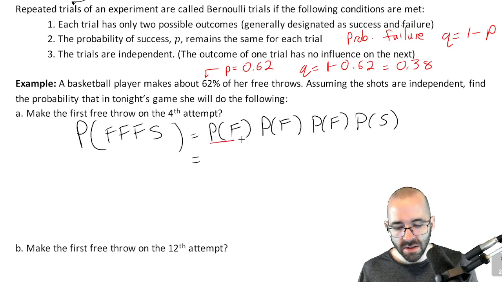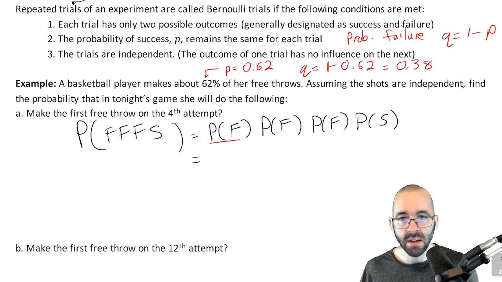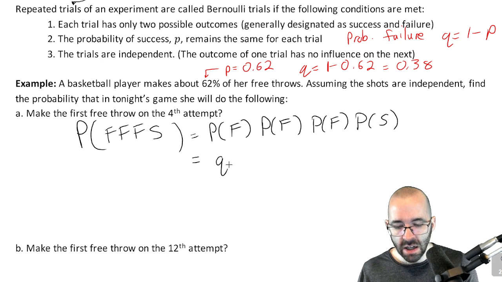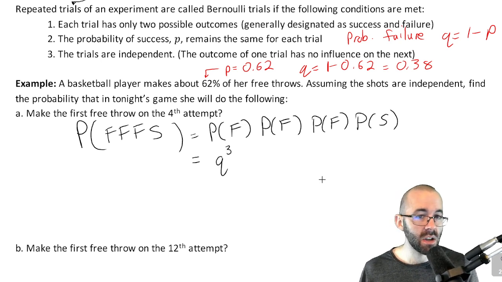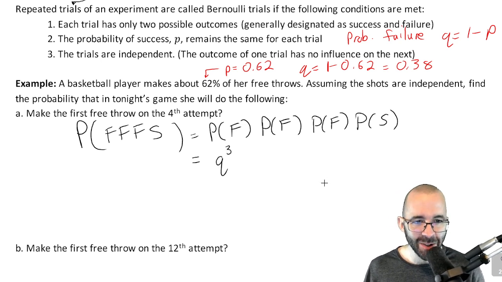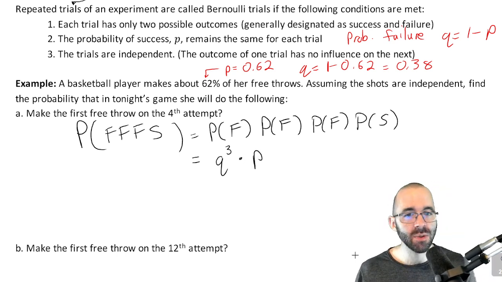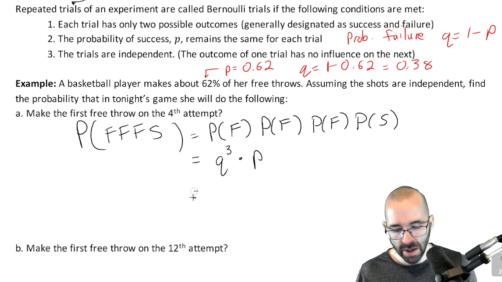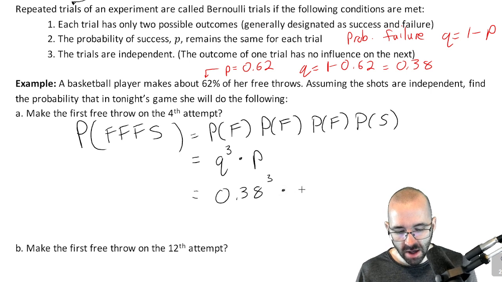So what we have here is Q times Q times Q, sorry, those are Q's, probability of failure. Q times Q times Q is just Q cubed. That's kind of fun to say, Q cubed. Times the probability of a success, which is P. Well, that's 0.38 cubed times 0.62.